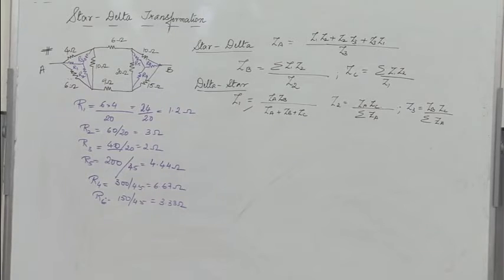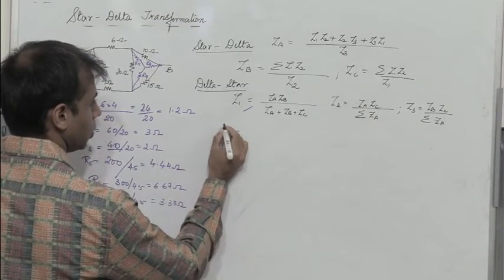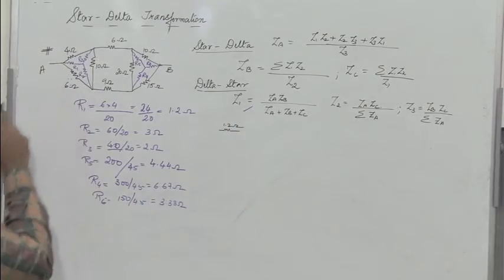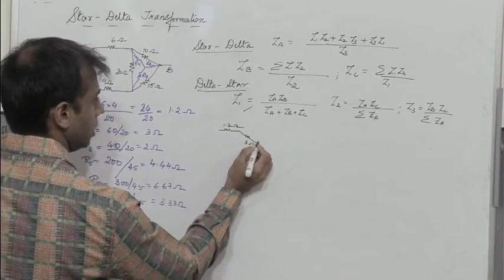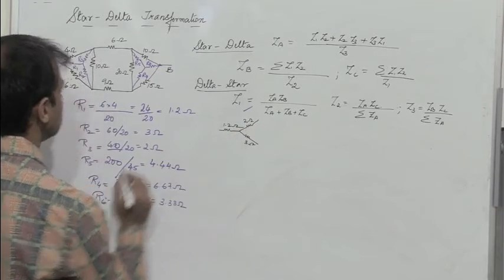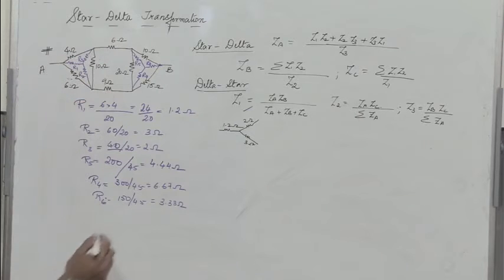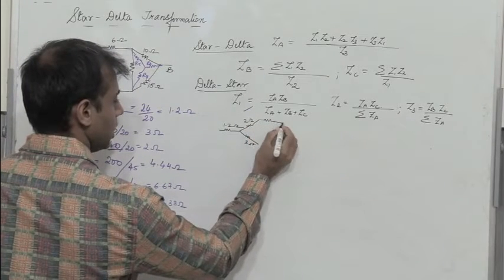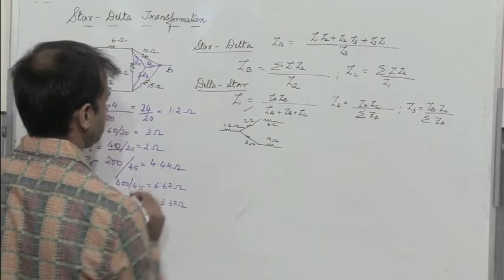Now we don't have the delta network, but we have a star network. Let me redraw the diagram. I have 1.2 ohms, which is R1, then R2, which is 3, and R3, which is 2 ohms. On the other side we have a 6 ohm resistor and a 9 ohm resistor.